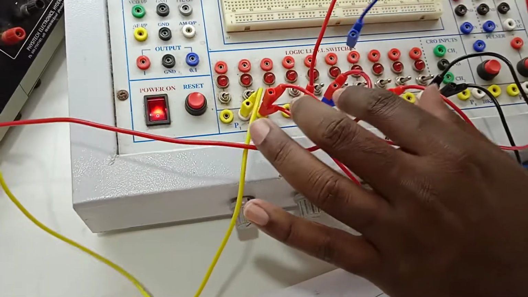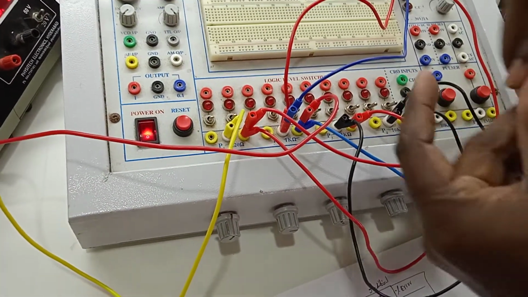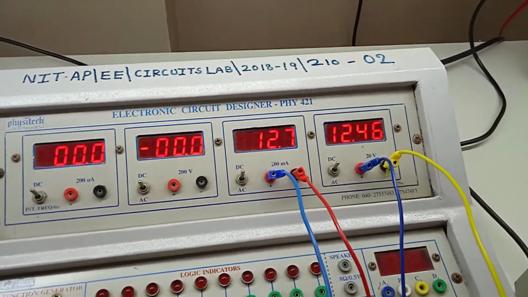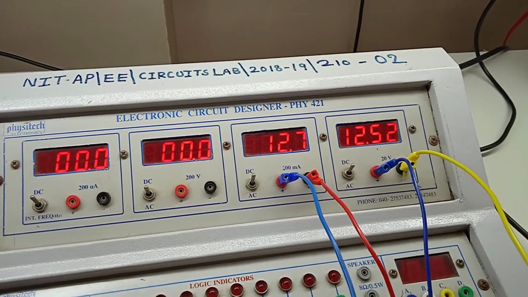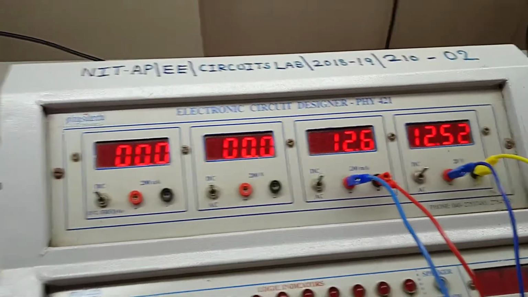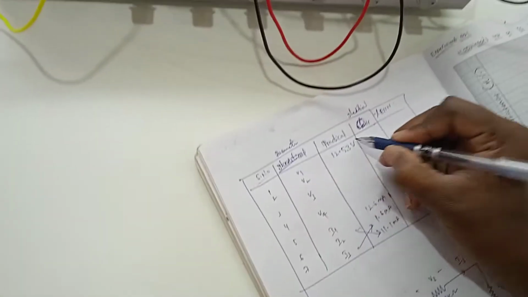The positive terminal is connected to the first terminal, negative terminal is connected to the second terminal. If you observe, it is 12.53 volts. So V1 is 12.53 volts.